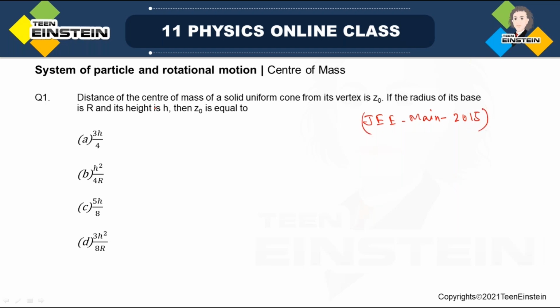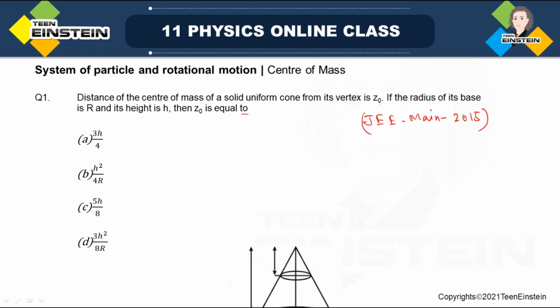The question is: the distance of the center of mass of a solid uniform cone from its vertex is z0. If the radius of the base is capital R and its height is small h, then z0 equals what?